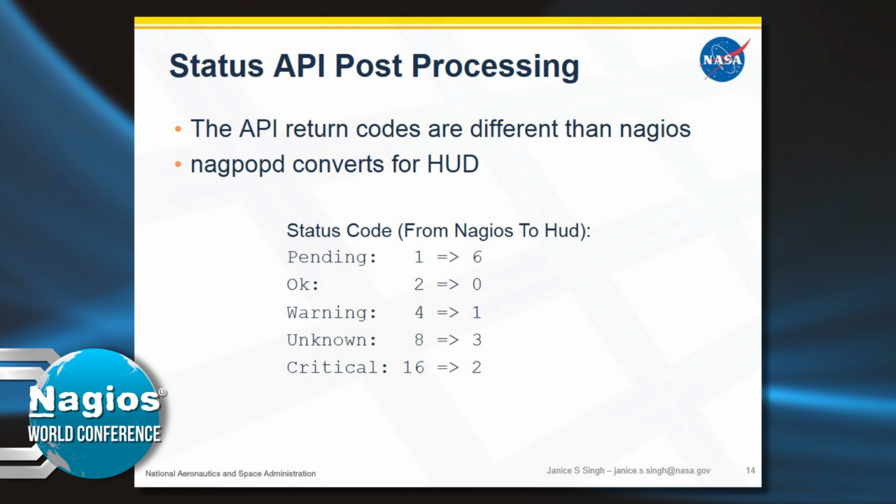If you're doing something human readable, you can just use the enumerate option I mentioned, and you'll actually see pending, okay, warning, in text. But in code, you generally want to use the numbers, so I included this little chart to show how the numbers correspond. Pending doesn't technically have a number in Nagios if you're using a plugin, but we need pending for our visualization, so we just assigned it 6.